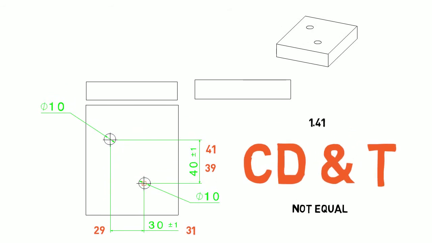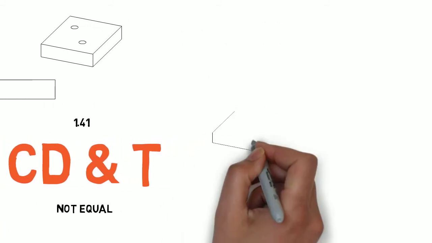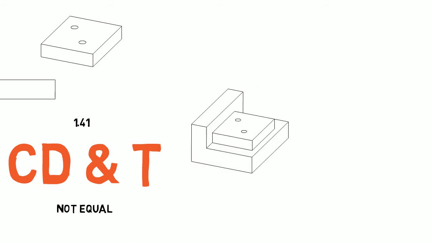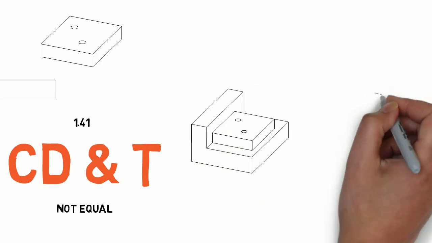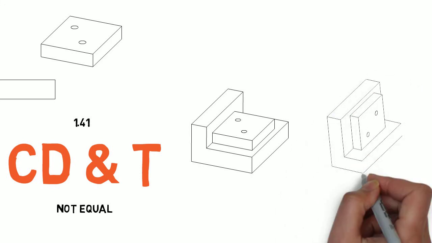Now here, while checking this part in mass production, there are lots of chances it can be measured in various ways. One person can measure this part by keeping it on a picture like this, or another person can measure this part like this.